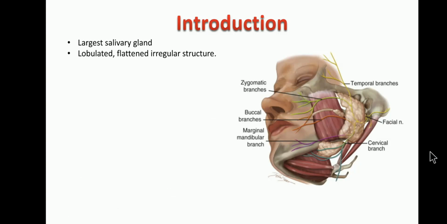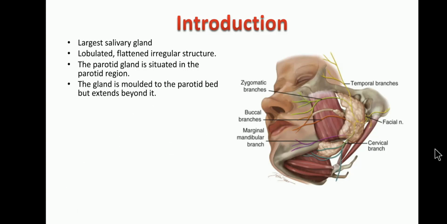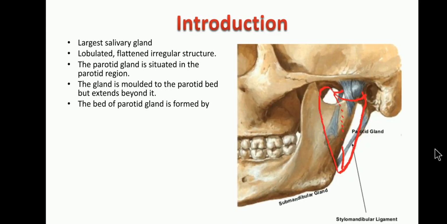It is flattened because it is molded onto the surrounding structures, which form the parotid bed. They are called the parotid bed structures, on which the parotid gland rests. Okay, so now let us try to understand the parotid bed or the boundaries of the parotid region.